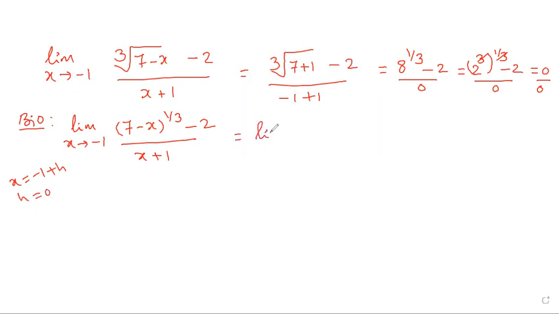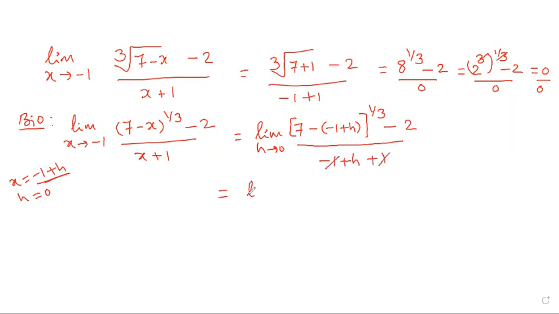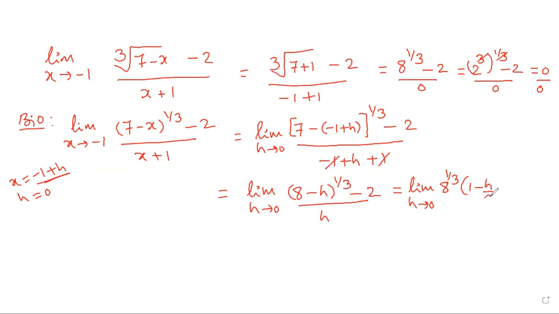Then the limit h tends to 0 of (7 minus of (minus 1 plus h)) to the power of 1/3 minus 2, over (minus 1 plus h plus 1), where minus 1 and plus 1 cancel. That gives (8 minus h) to the power of 1/3 minus 2, over h. Take 8 common: 8 comes outside with power 1/3, and inside the bracket (1 minus h/8) to the power of 1/3, minus 2, over h.